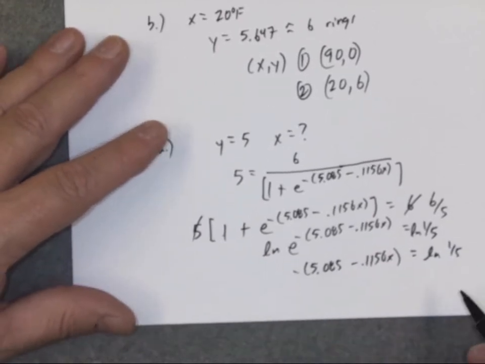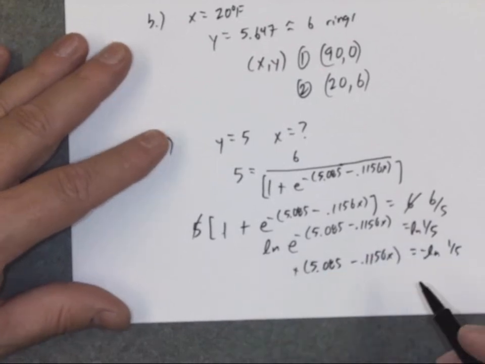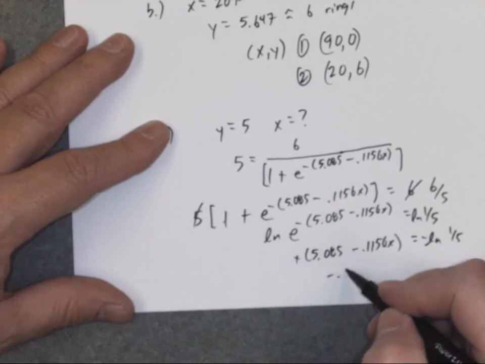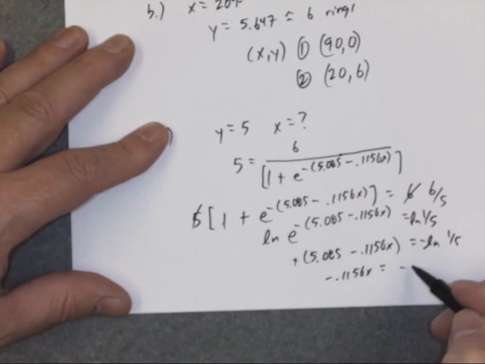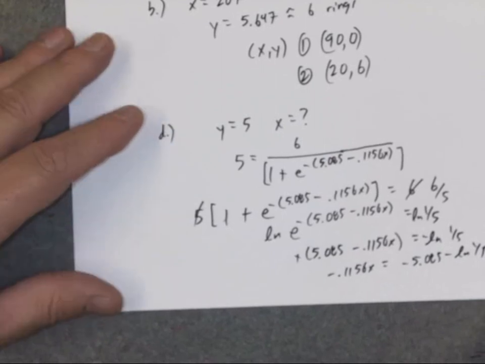Let's multiply both sides by a negative. Let's subtract 5.085, negative 0.1156x equals negative 5.085 minus natural log of 1/5.